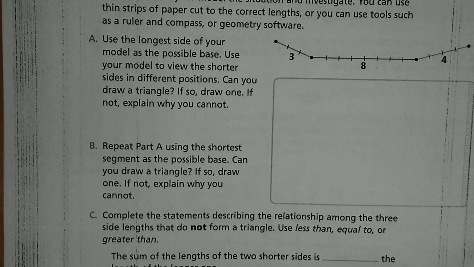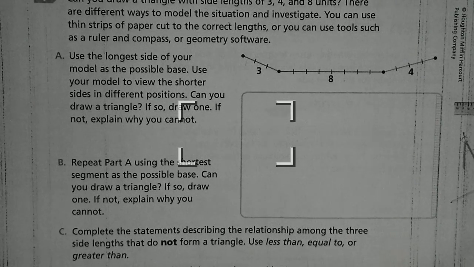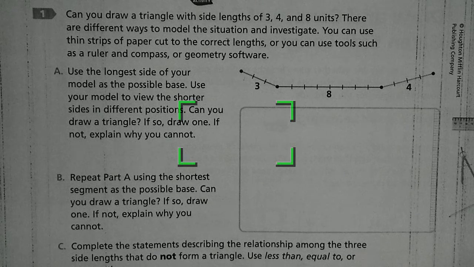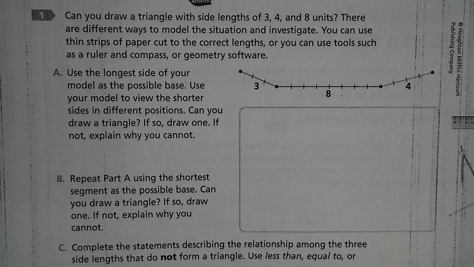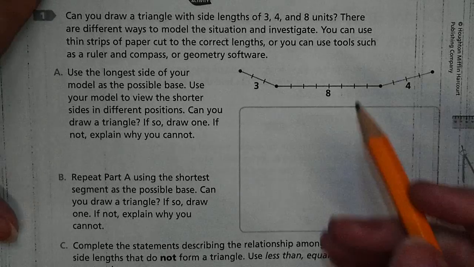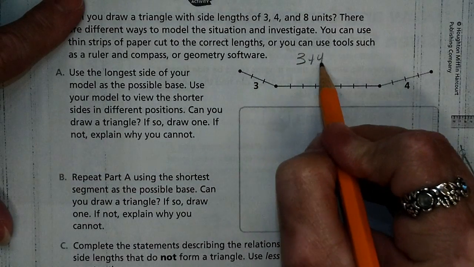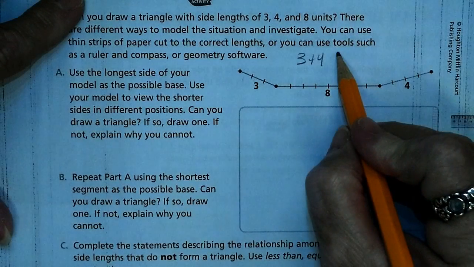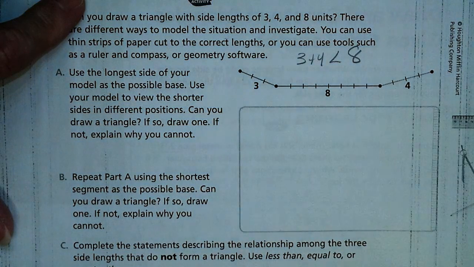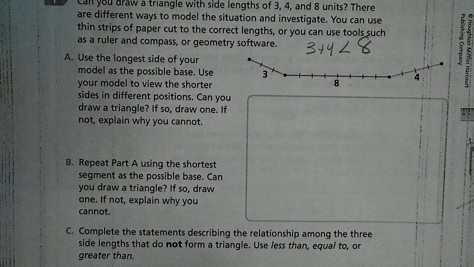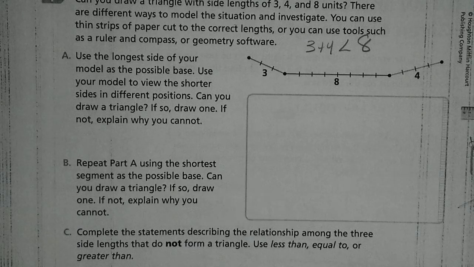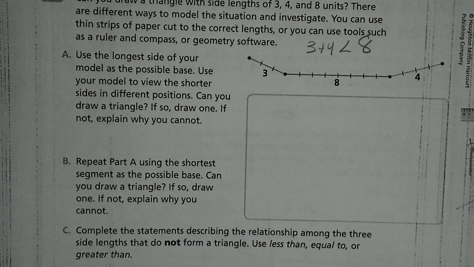Before we even draw, what was the rule? The shortest lengths, added together, have to be more than the longest. So if I add 3 plus 4, is that greater than 8? No, it's less than. So that right there should tell you that there's no way you can even draw any of these triangles.